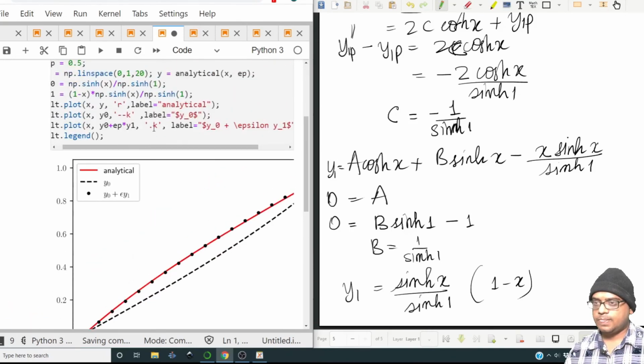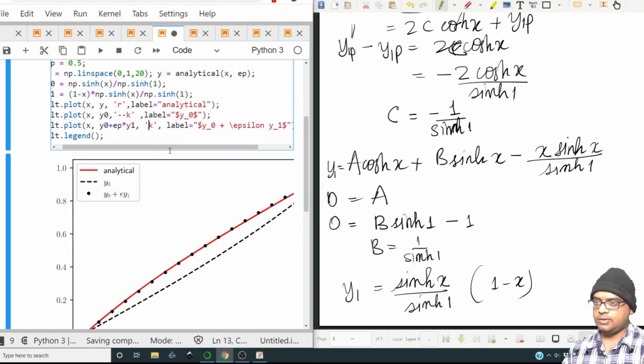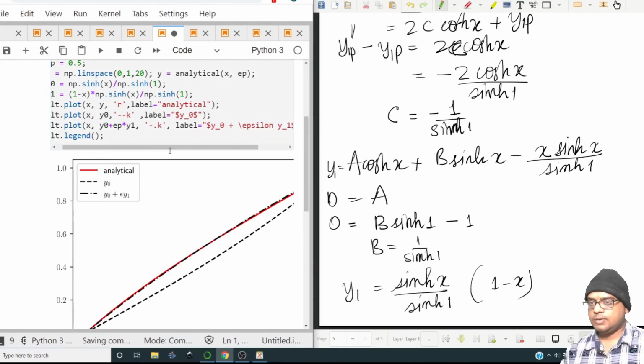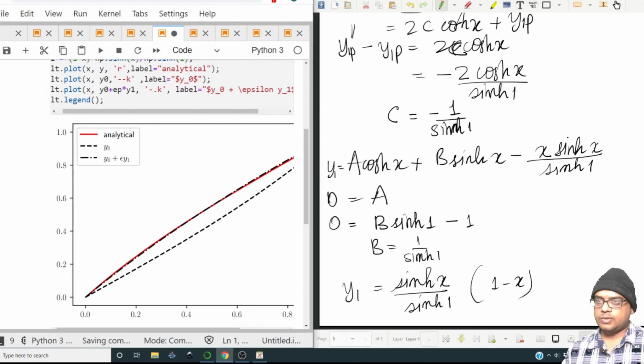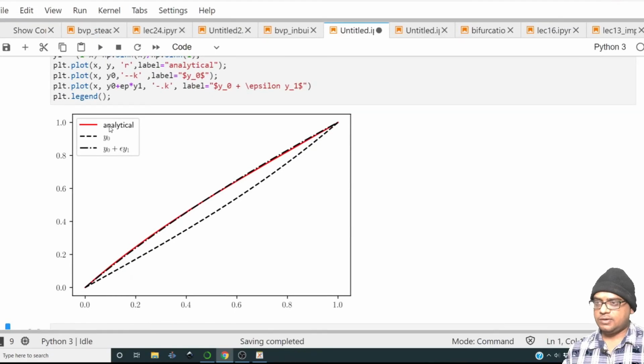Yeah, so what do we see? The red is the analytical curve, the broken lines are simply y0, and the broken dot lines are the corrections. So now look, because of the corrections, the solution matches quite well with the analytical solution.